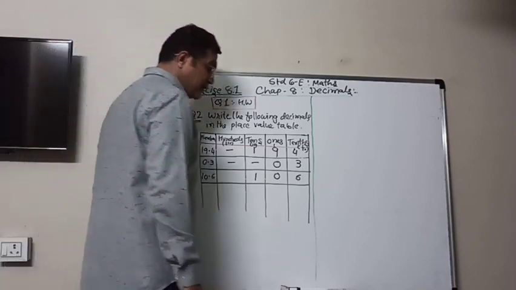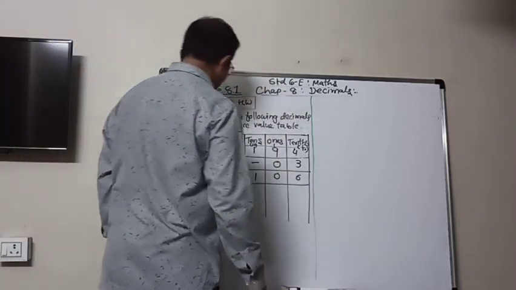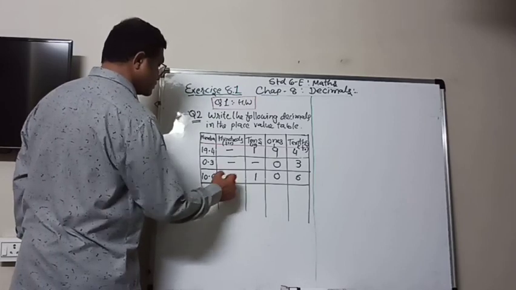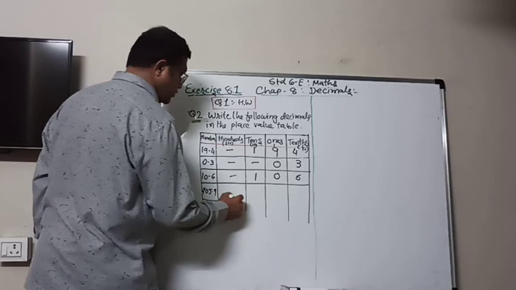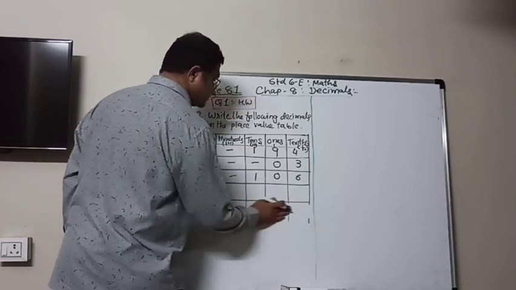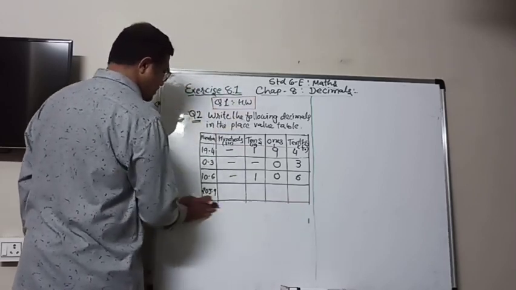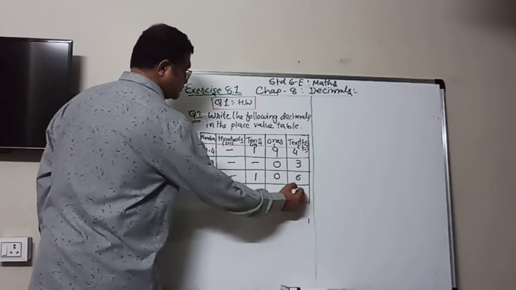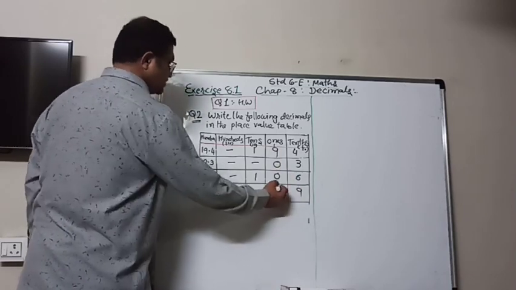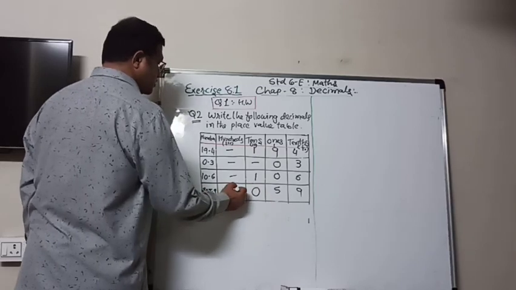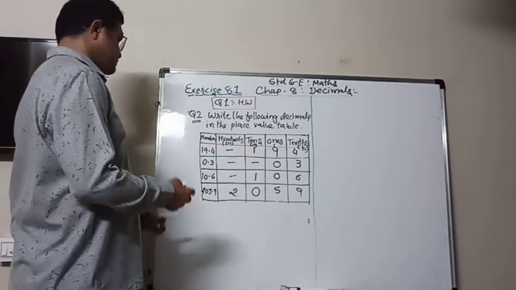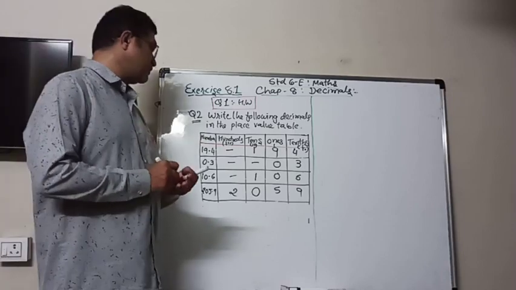And the last number is 205.9. So here 9 is in the tenths place, then 5 is in the ones place, 0 is in the tens place and 2 is in the hundreds place.